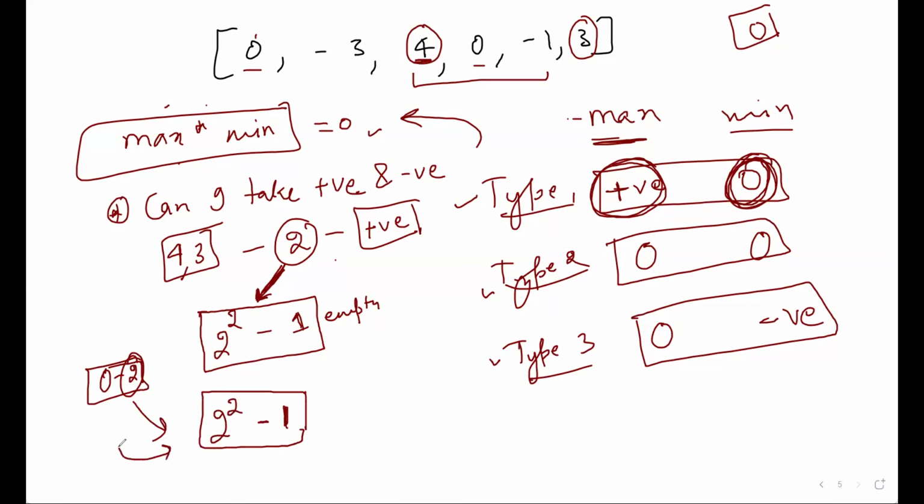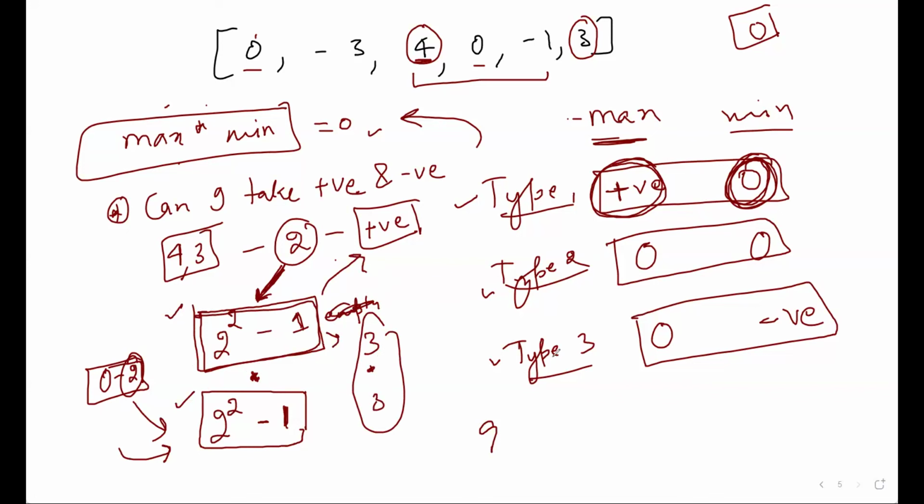So you can have this many non-empty subsequences which contain only zeros, and this many non-empty subsequences which contain only positive values. Now, the total number of subsequences which contain at least a positive value and at least a zero is the multiplication of these two. This comes out to be 3 and this comes out to be 3. So this is 9. Okay, 9 such subsequences you can form, according to the formula.